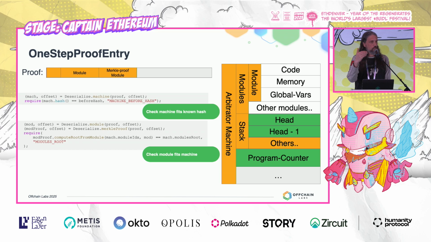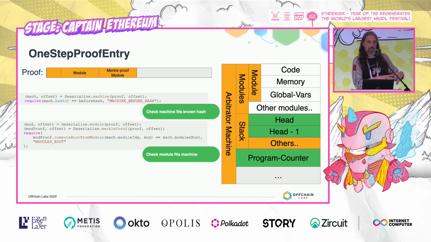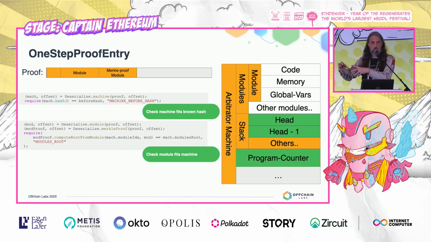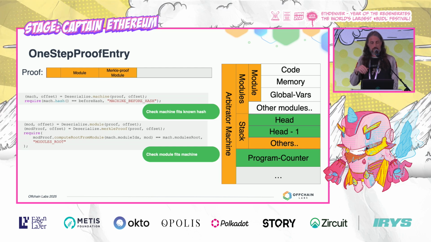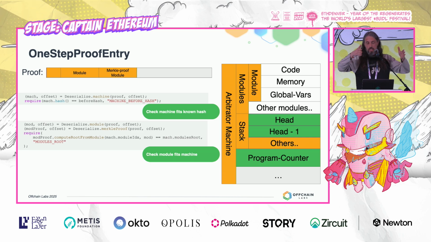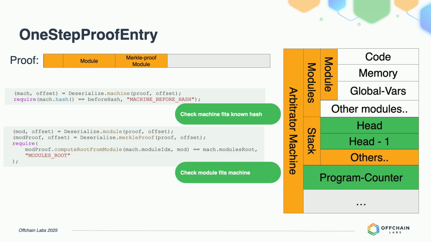The next step: just like I have a representation of the full machine, I have some small representation of a module, the current module. I will add into my proof the representation of this module and a Merkle proof. This Merkle proof proves that my module really is a part of that arbitrator machine that I have already proven.